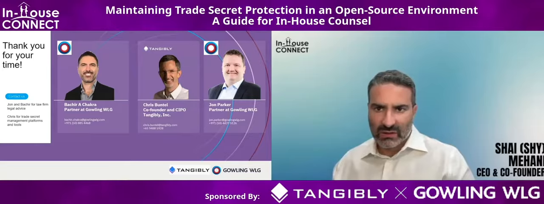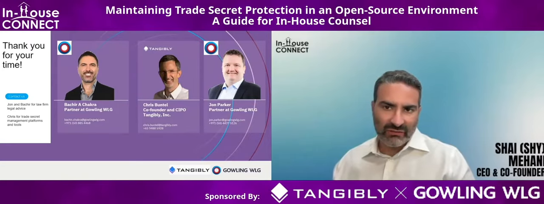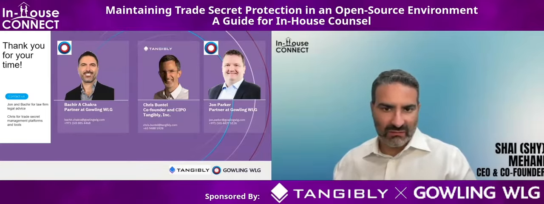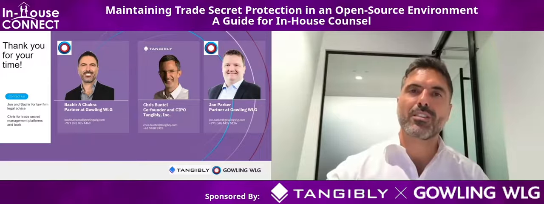Okay. Another question, what if you use an open source that is not permissive, but you only keep it internally? You're not distributing the software anywhere. Again, it depends on how strong the copyleft is.